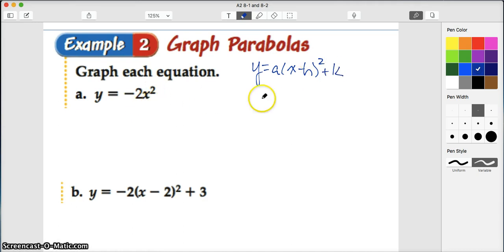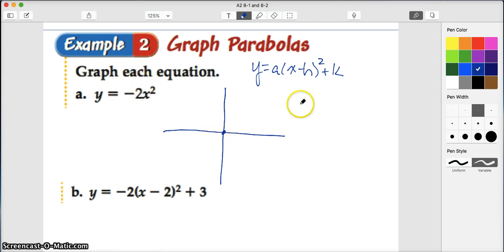If you look at this, x minus h, what's being subtracted here? Nothing, 0. What's being added? Nothing, 0. So I know that I already have a parabola with its vertex at 0, 0, right? Then I know it's sad, and so it is going downward.